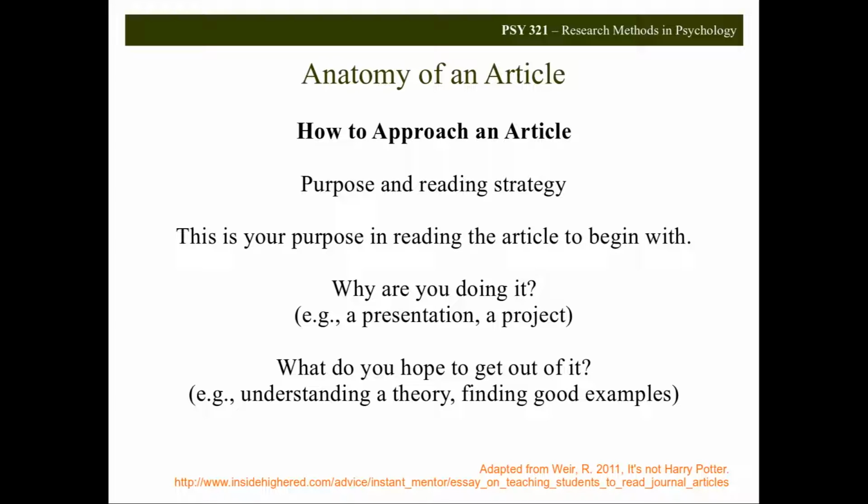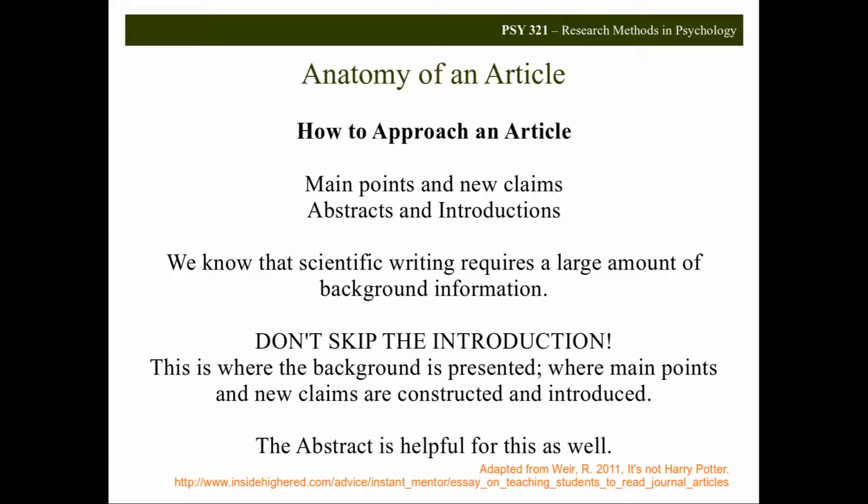Whatever the purpose is, you need to understand that you have a very specific purpose in doing this. What do you hope to get out of it? Are you hoping to understand a theory or understand a finding? Are you looking for good results or examples that support your hypotheses in your work? All of these are really important things to think about before you start reading scientific literature.